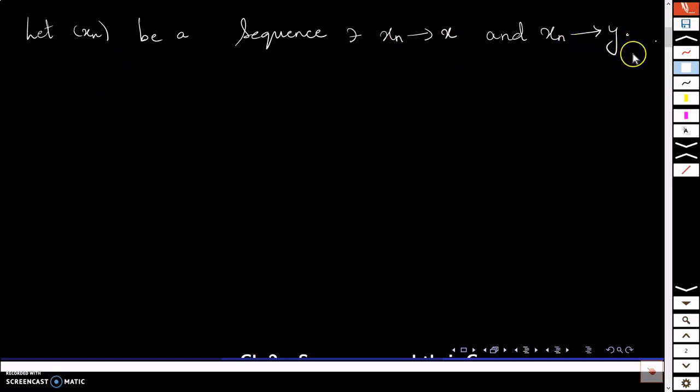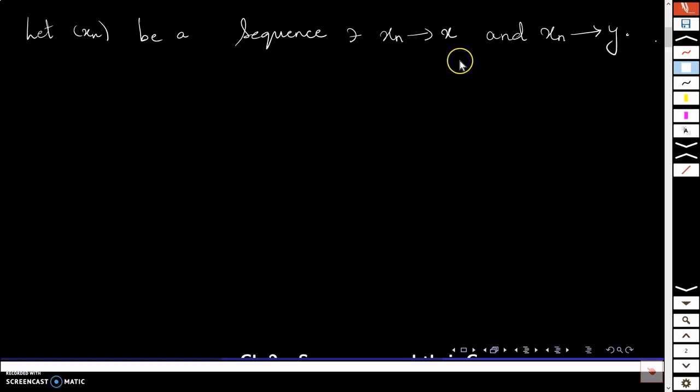Now all this while in the last video, when we were talking about the limit of the sequence, whenever we estimated or guessed one limit, we used the definition and showed that that point is actually the limit. So once we found one limit, we never went on to check whether there is one more limit.